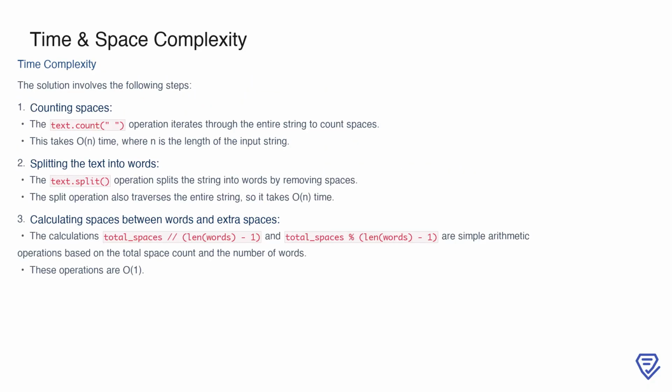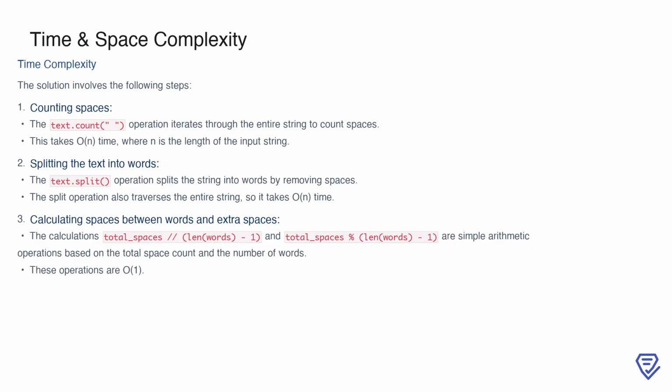The time complexity of our solution is determined by analyzing the key steps involved in the process. First, counting spaces using text.count requires scanning through the entire string, which takes O(n) time, where n is the length of the input string. Next, splitting the text into words using text.split also traverses the entire string to identify and separate words, making this operation O(n) as well.